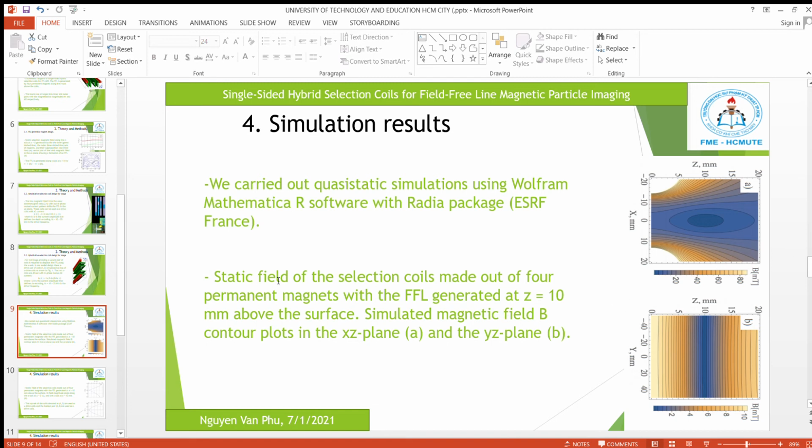The selection coil is made out of 4 permanent magnets, with the FFL generated at z equal 10 millimeters above the surface. Simulated magnetic field B contour plots in the XZ plane and the YZ plane.